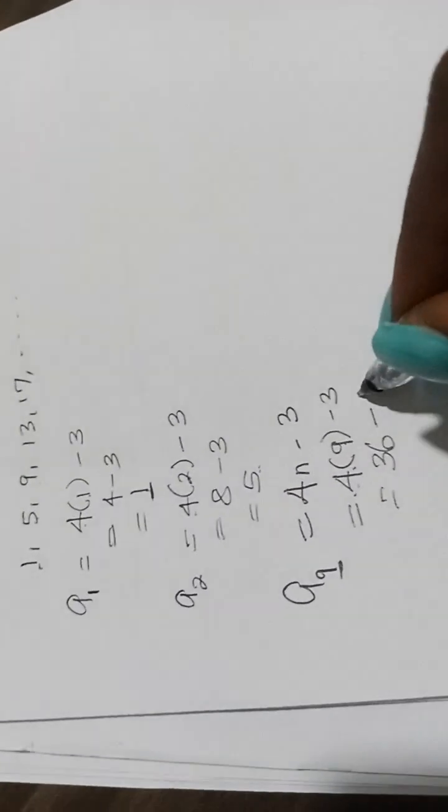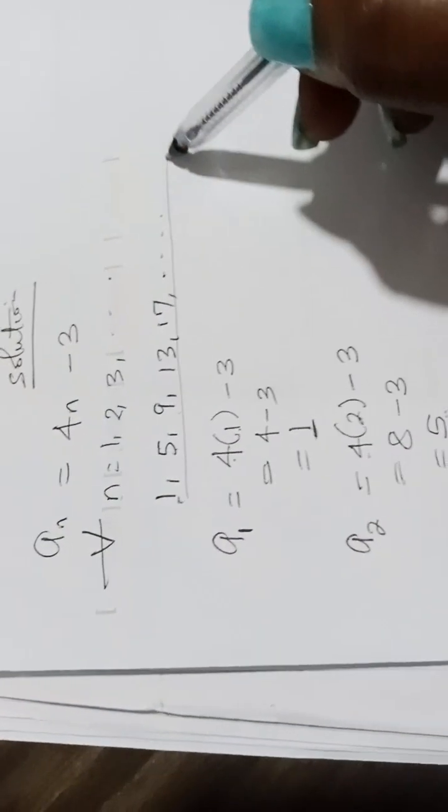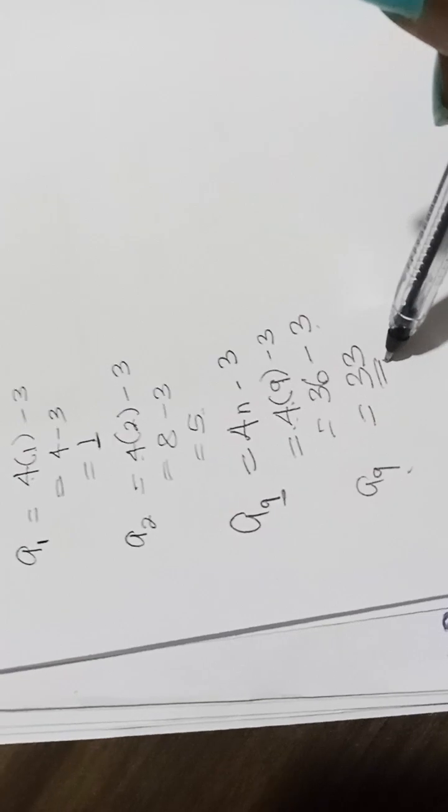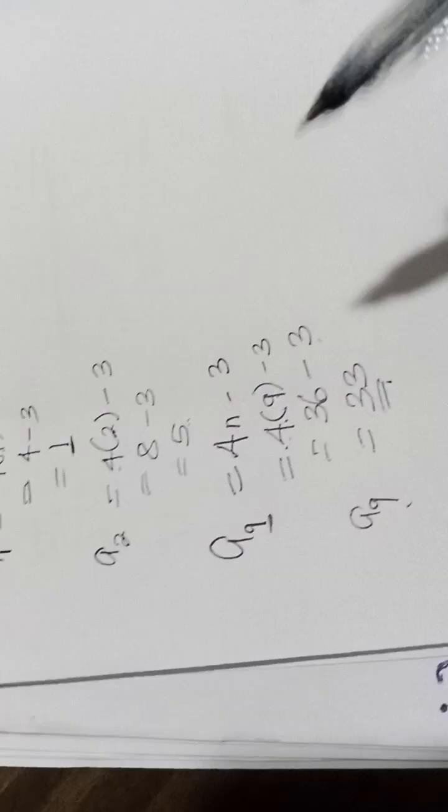And 4 times 9 gives us 36, minus 3. And 36 minus 3 will give us 33. It means if we continue with this list, our 9th term will be 33. Feel free to test and see.